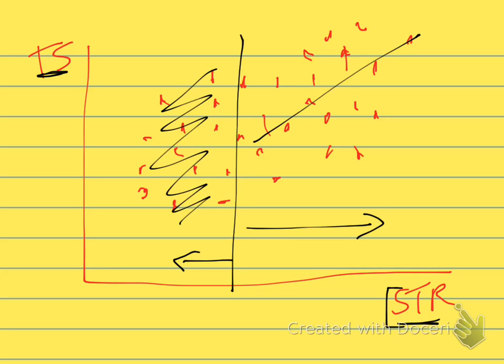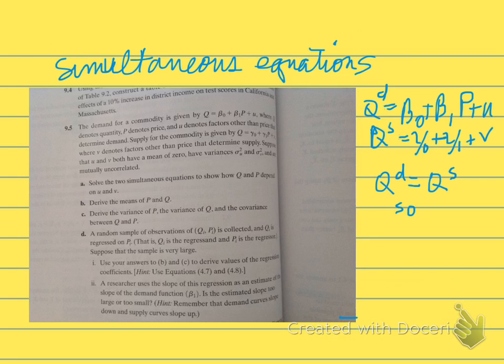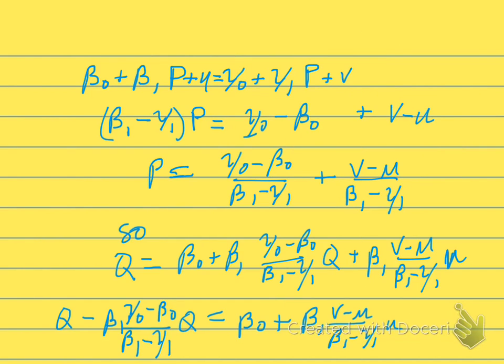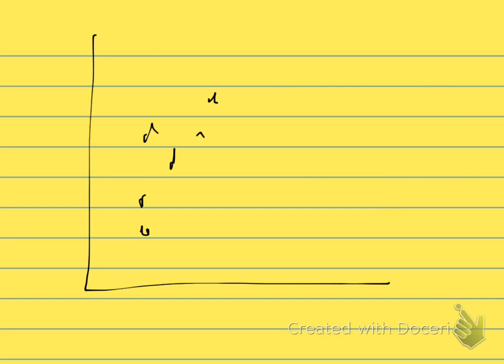So there's no violation of any of our ordinary least squares conditions in that sense, because the error term here is uncorrelated with our student-teacher ratio.